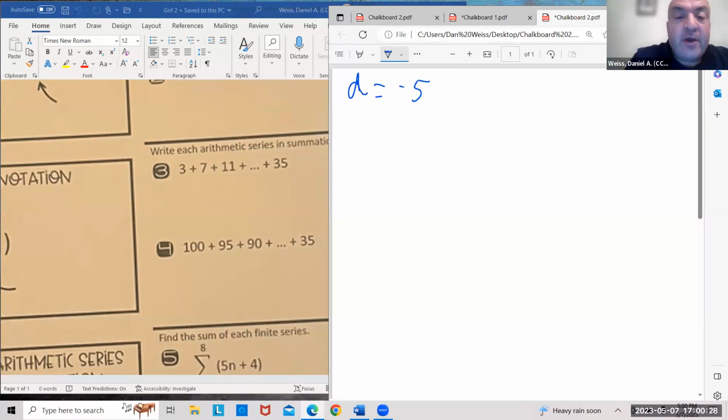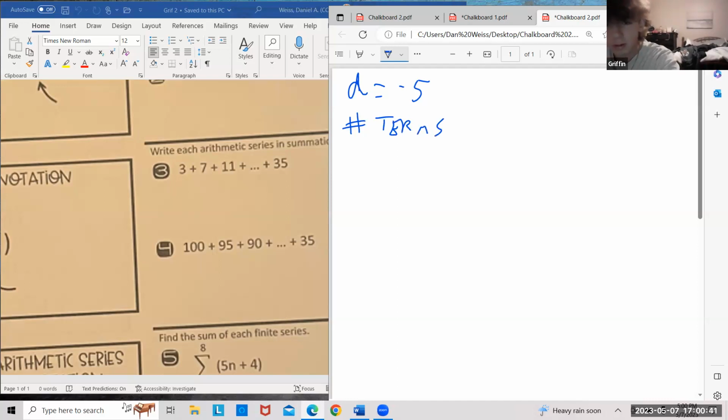Now the next part is number of terms. So how are we gonna figure out the number of terms? We start with the last term, right?